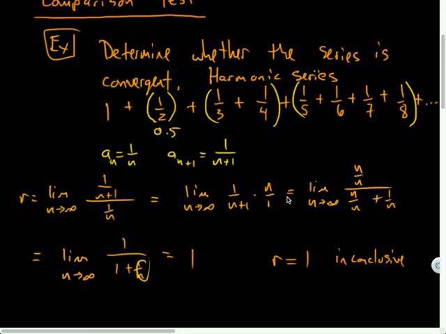I get 0.583 repeating. And if I add these, 1/5 plus 1/6 plus 1/7 plus 1/8, I get 0.63452 and so on. Non-repeating, well, maybe it repeats later, but not necessarily.